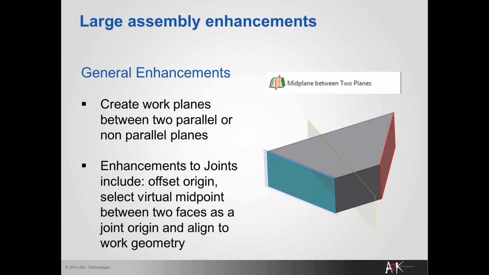There's also enhancements to the joint commands, including offset origins, selecting virtual midpoints between two planes, regardless of whether those planes are parallel or non-parallel again. And aligning to work geometry, so we can now constrain directly to other work features that we put in at the assembly level.